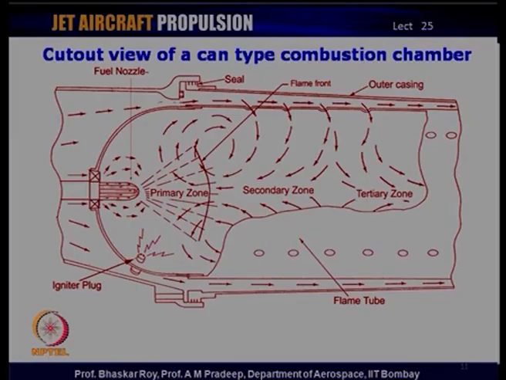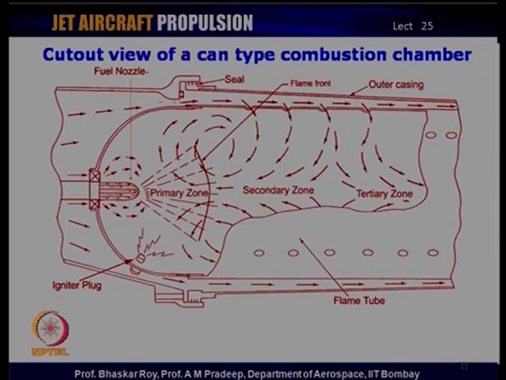So, all these things need to be done in a controlled manner, and during the process of combustion, as I mentioned, it is a fixed geometry combustion. The only control you have is the fuel flow rate. So, there is no other control, and hence the combustion chamber design must necessarily have the geometric control at the time of design itself.